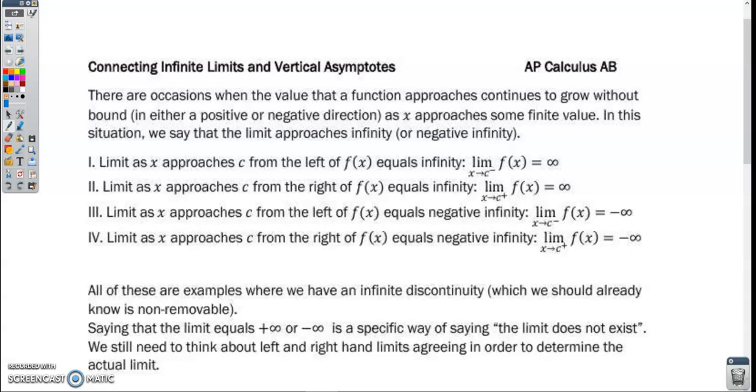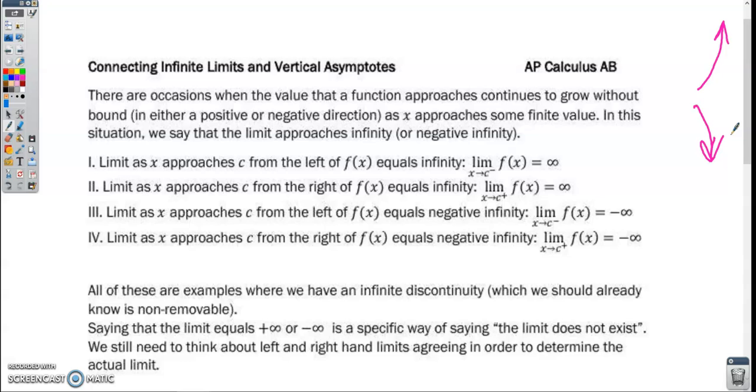You can read that yourself, but it says there are occasions where the value that a function approaches continues to grow without bound, either in a positive or negative direction. The function might be going up this way or going down this way, growing in one of those directions without bound.